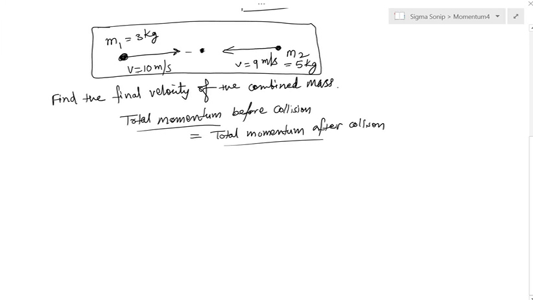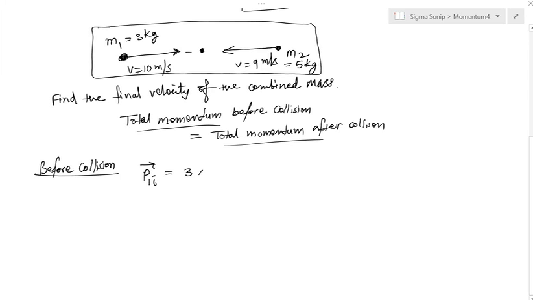So before collision, let's say this is mass 1. I'm calling it P1 initial, the initial momentum of object 1, and I'll write that as a vector equal to m times v.